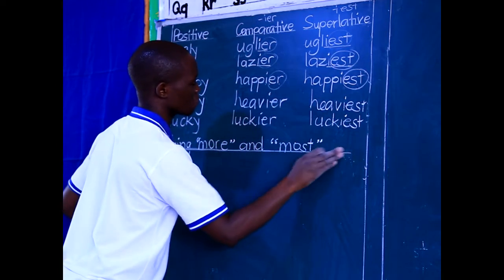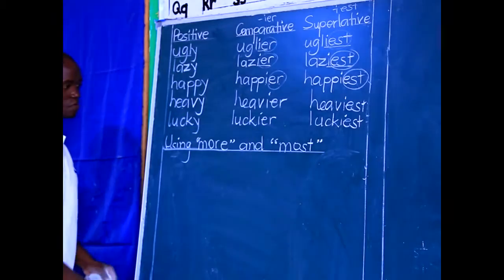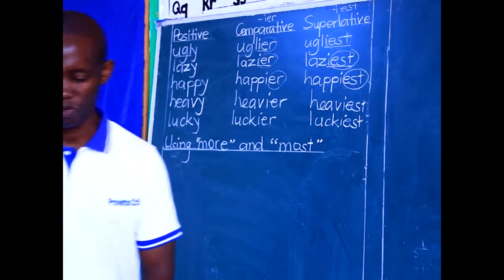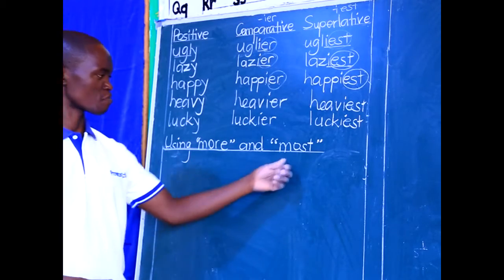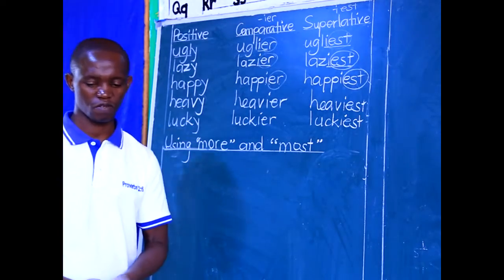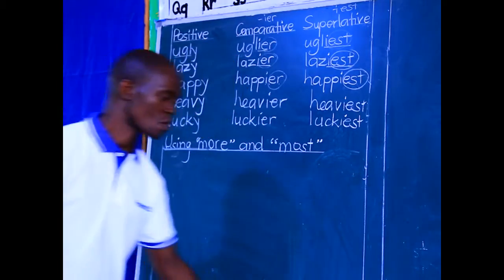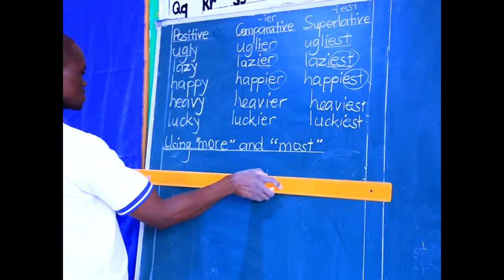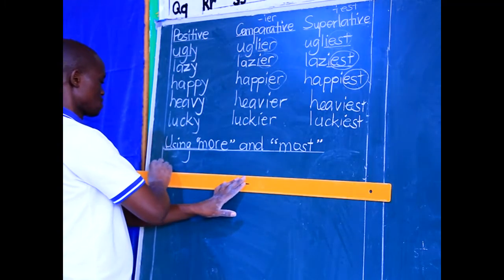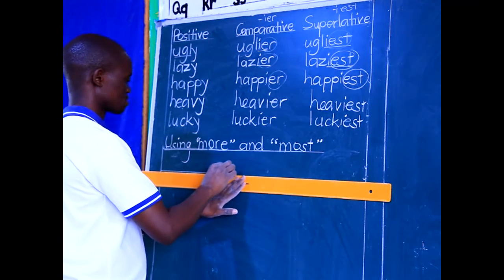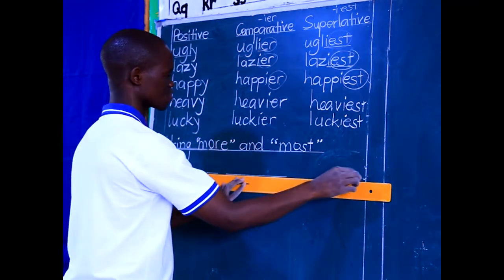Now when we use more and most, in this category of adjective we are going to look at, we use more to form the comparative and most to form the superlative degree of those adjectives. What are they? What are those examples? I'll just give you a few examples, then we'll be able to complete the list.